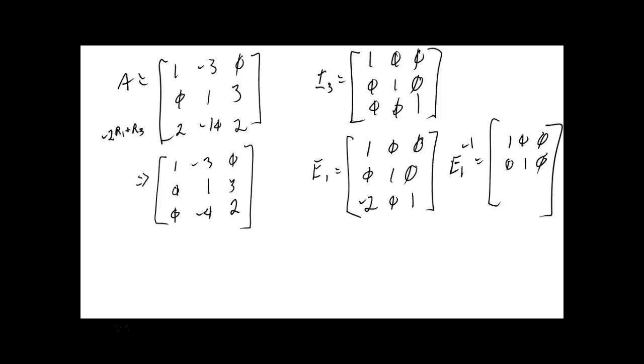Okay? Now the next step is finding the inverse of that elementary matrix. Now, remember what they said. As long as the only steps you use are multiplying one row by something and adding to another row. We're not changing signs, we're not switching rows.